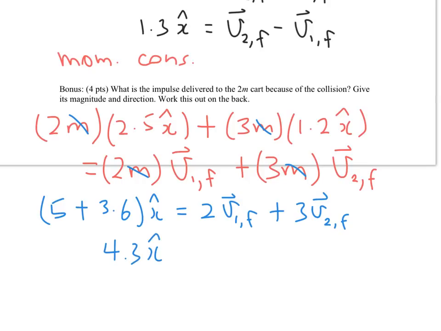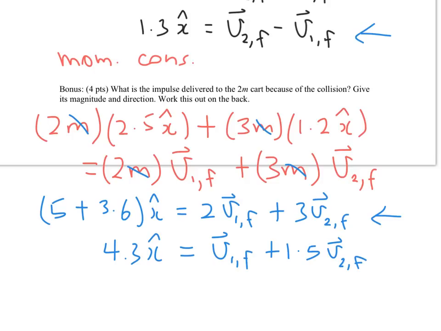And on the right-hand side, if you divide by 2, you get v sub 1f plus 1.5 v sub 2f. Now, there are many ways to solve it. If you actually can write down this equation and this equation, like I said, you'll be getting 90% of the points.